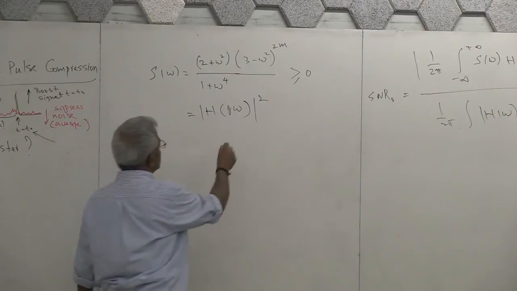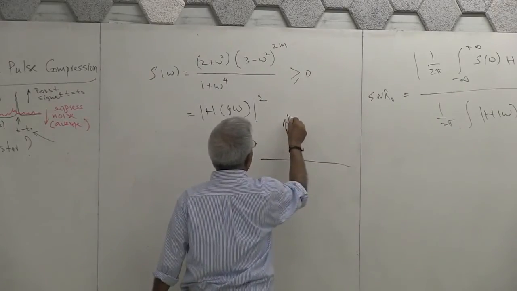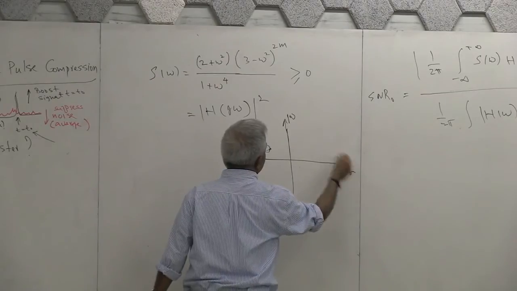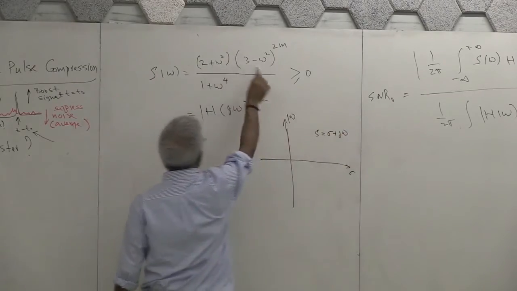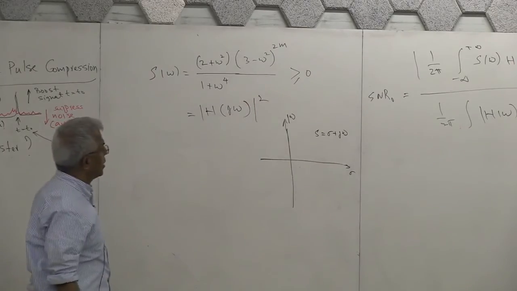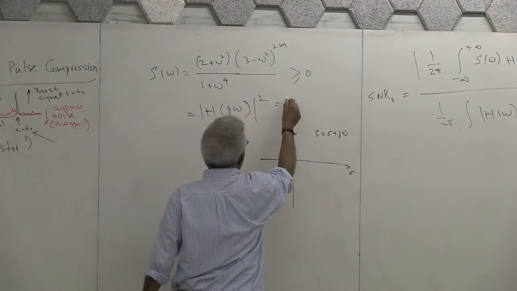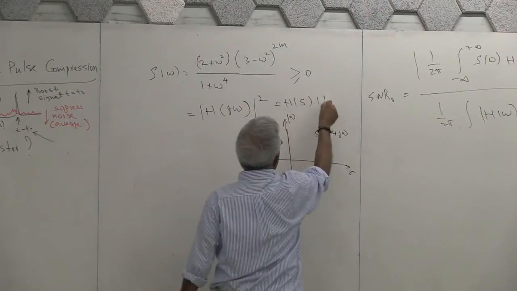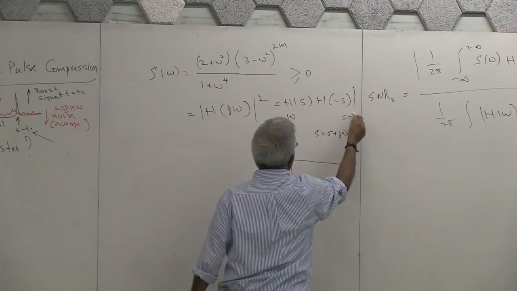As you know, in the complex domain, omega is along the j omega axis and sigma is the real axis, and s is sigma plus j omega. So we are really plotting this on the j omega axis. Another way to write this would be h of s multiplied by h of minus s at s equal to j omega, right?